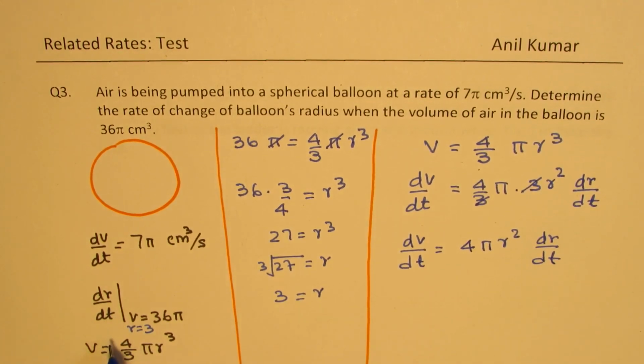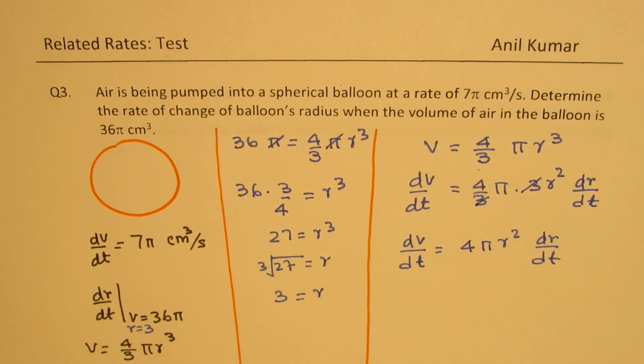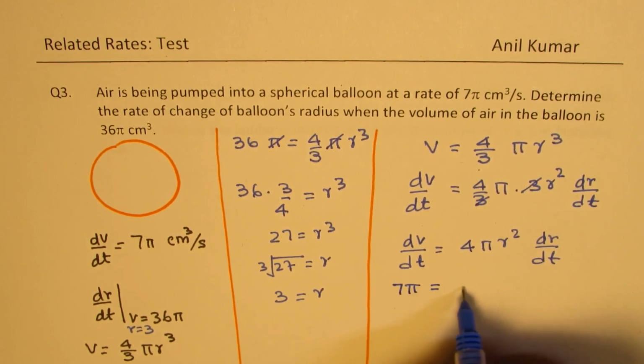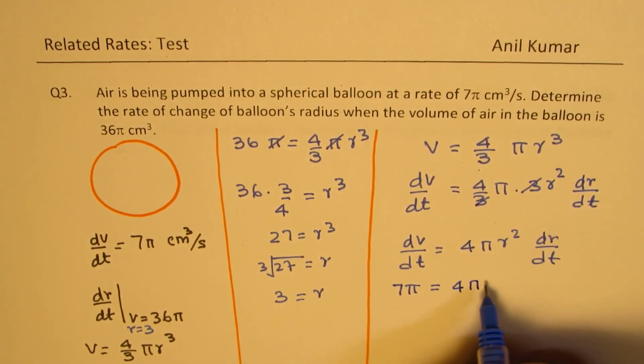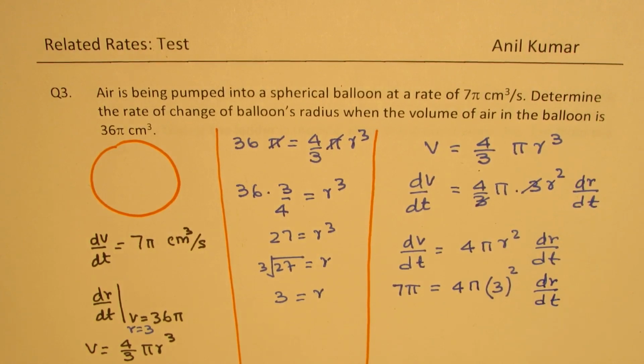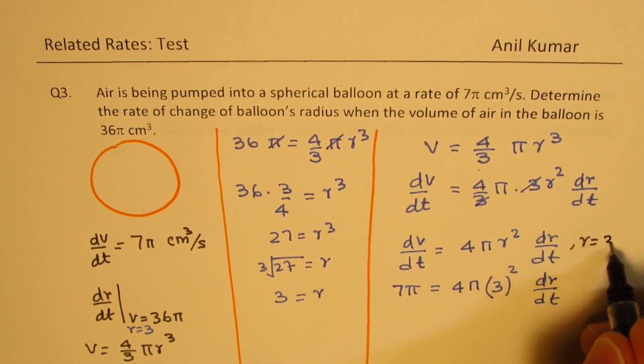We need to find dr/dt when r is 3. Correct? We know dV/dt is 7 pi. So let's substitute these values. dV/dt is 7 pi equals 4 pi, r is given to us as 3, square, and we need to find what is dr/dt. Is that clear to you? So we substituted the values, which are r equals 3. Correct?